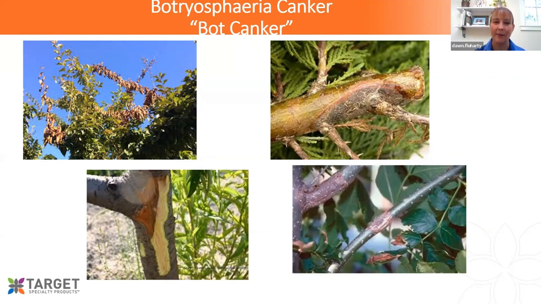So that's why we talk about, if you see bot canker, you're way too late. Put it on your list for, we don't tend to say fall, but fall works. We tend to say early spring is the best application time if you have bot canker and you're combating it. We say do it in the fall if you're getting something like anthracnose in there, because anthracnose comes out so much earlier.